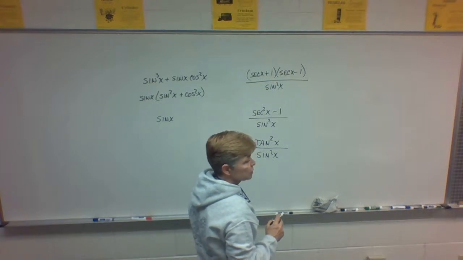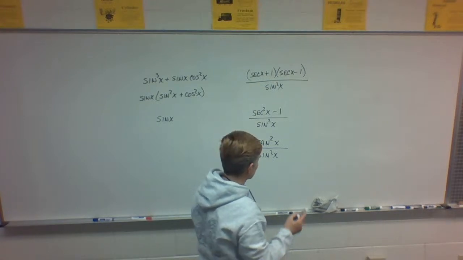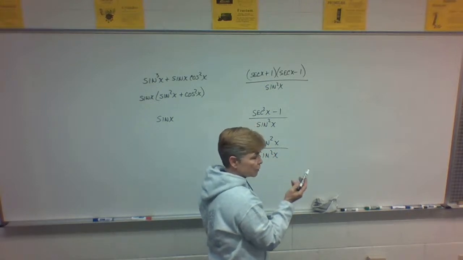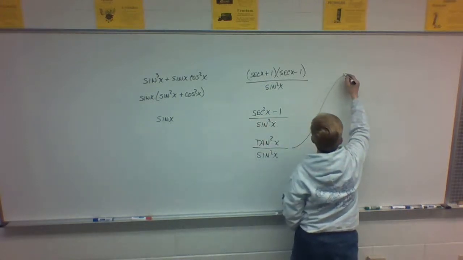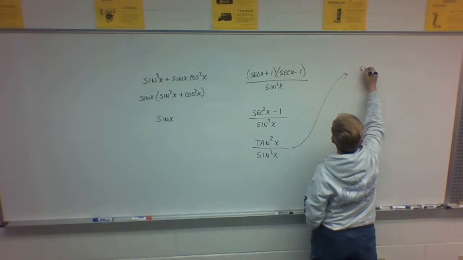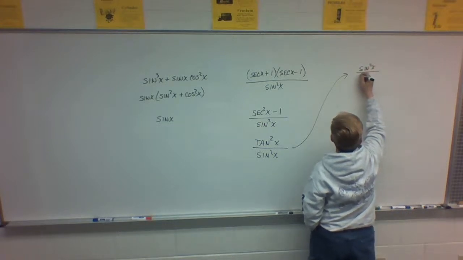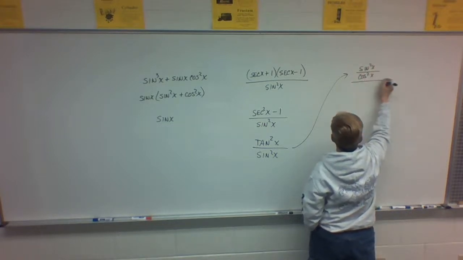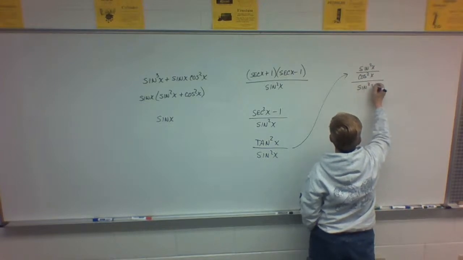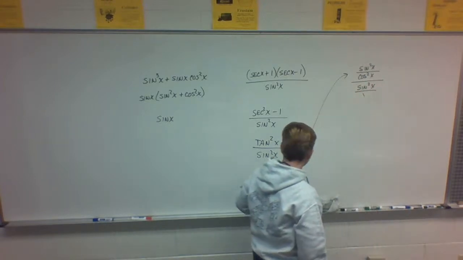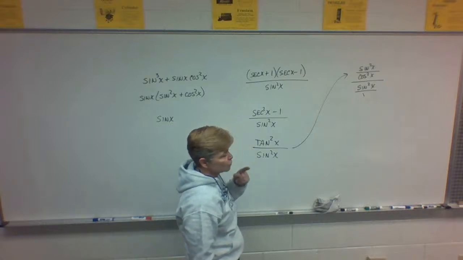Now we're going to go to the reciprocal identities. Rename tangent in terms of sine and cosine. So if I come up here to continue that, I would rename the tangent as sine squared over cosine squared over sine squared over 1. That's what I'm doing. Renaming all of this stuff so that I've got a fraction over a fraction.